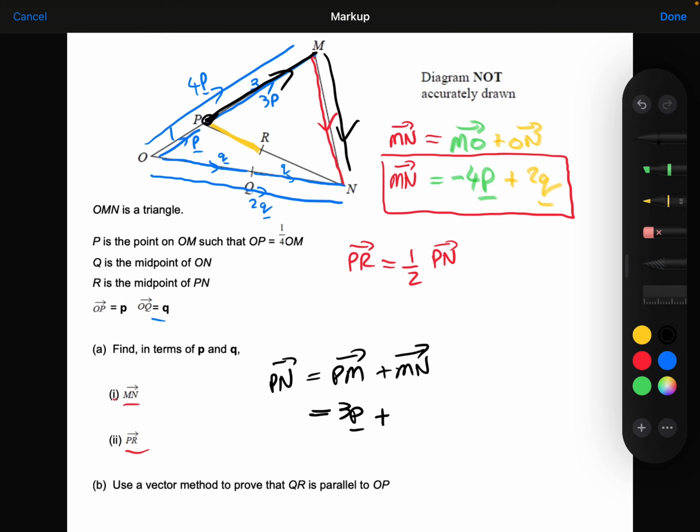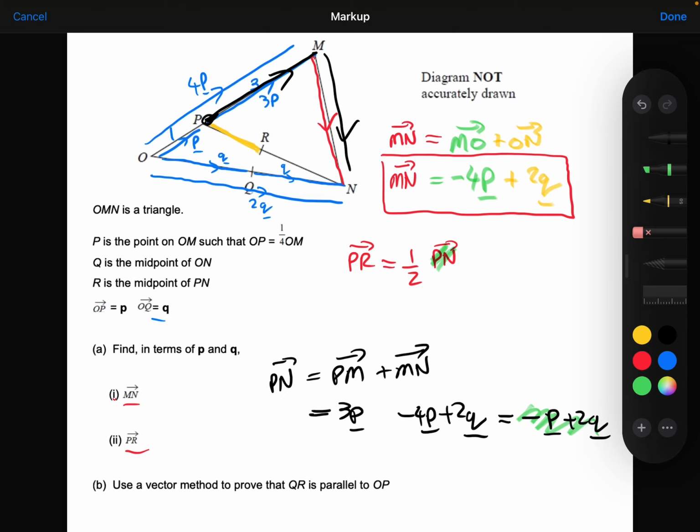And the M to N, we worked that out a moment ago, was minus 4P plus 2Q. So simplifying that, the 3P minus the 4P is minus P, and then we've got the 2Q. So this is P to N.